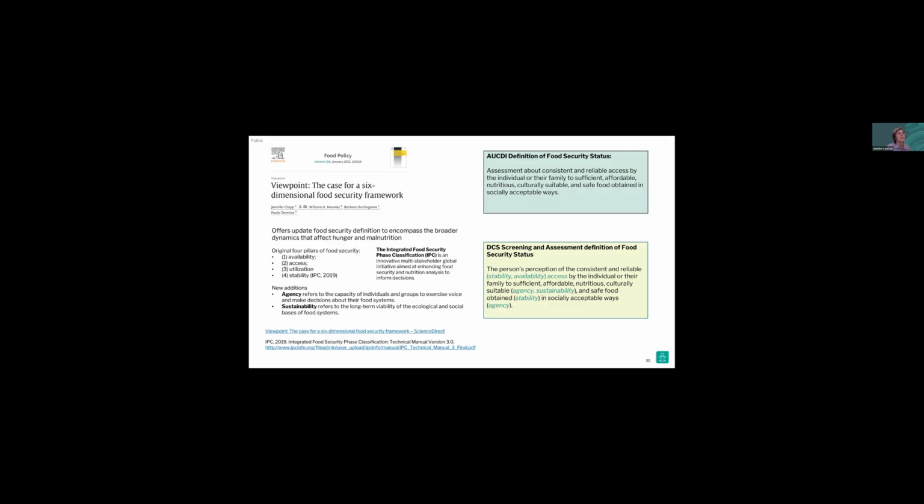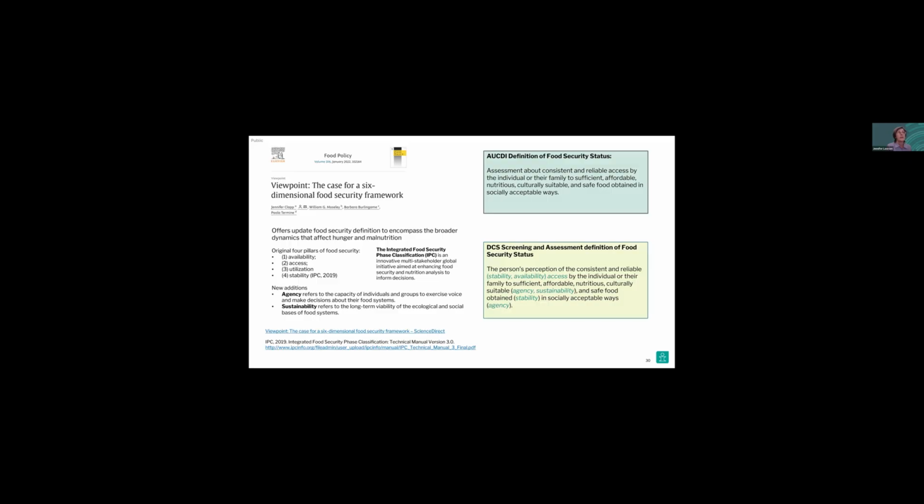And as shown here, the Integrated Food Security Phase Classification, known as IPC, has identified 4 pillars of food security, including availability, access, utilization, and stability. Researchers led by Clapp suggest 2 more concepts, and these are agency and sustainability.